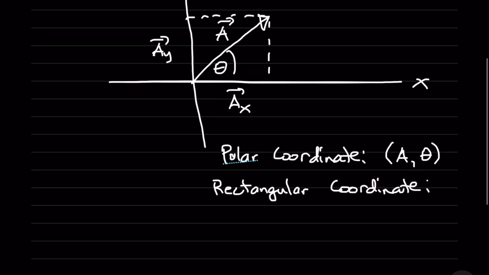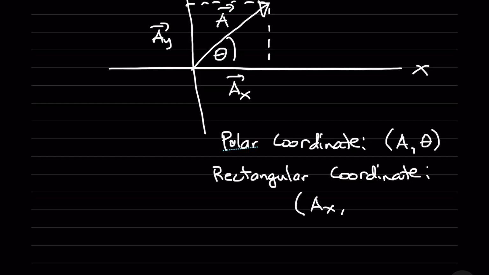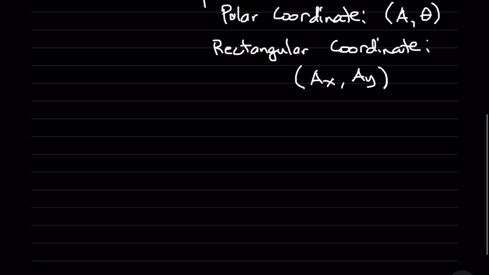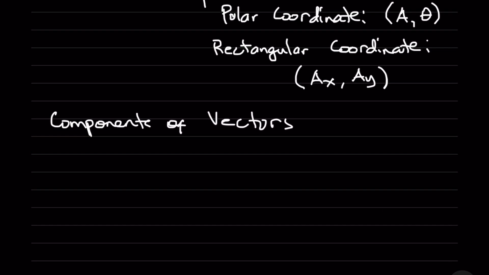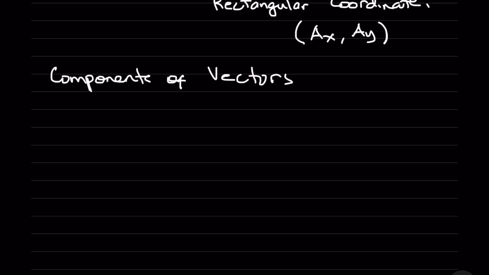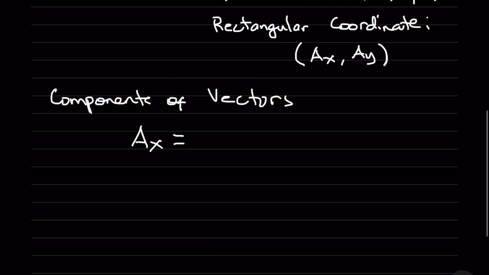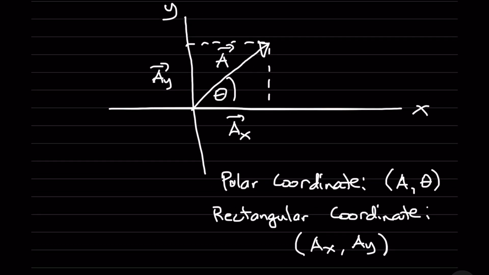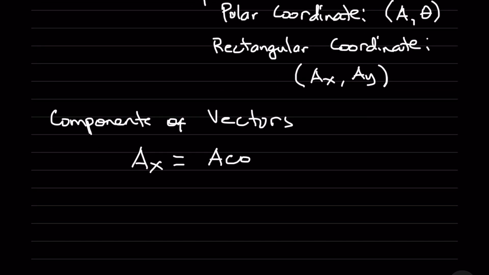This vector can be written in the form of a polar coordinate. So it has magnitude a comma theta, or rectangular coordinate ax comma ay. The first thing that we're going to do is to find the components of this vector using what you have learned from trigonometry.